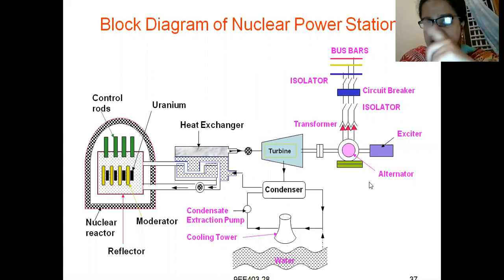The water will be extracted from the condenser and given to the cooling tower, which has various arrangements that I have explained in the thermal power plant in detail, based on the type of cooling tower.